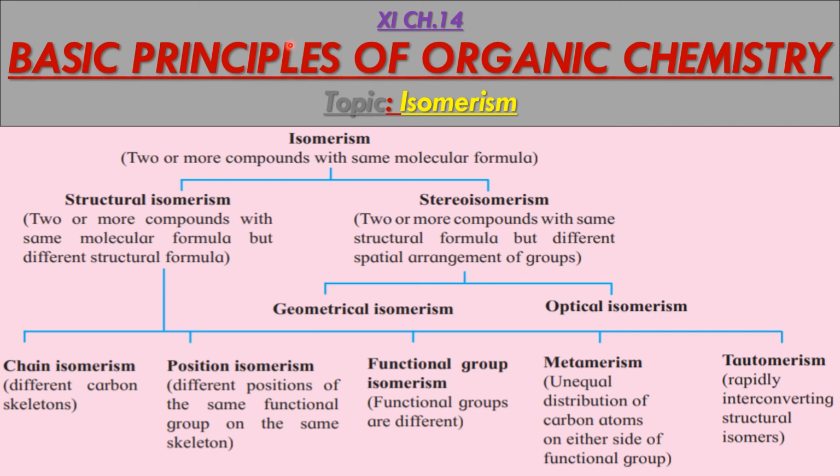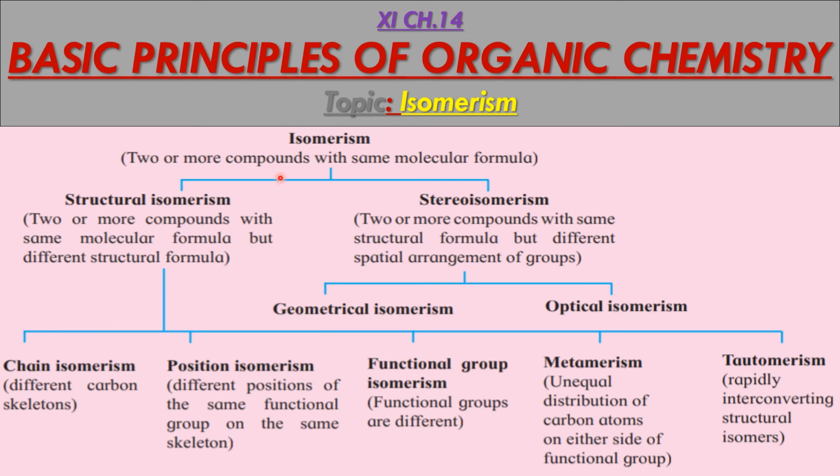That means these are compounds which possess the same molecular formula, but they exist in two different forms. Such compounds or molecules are called isomers of each other, and this phenomenon of organic compounds is called isomerism.